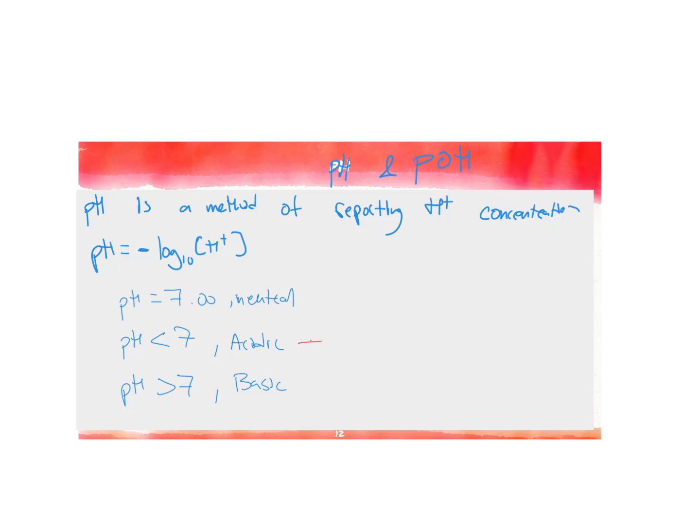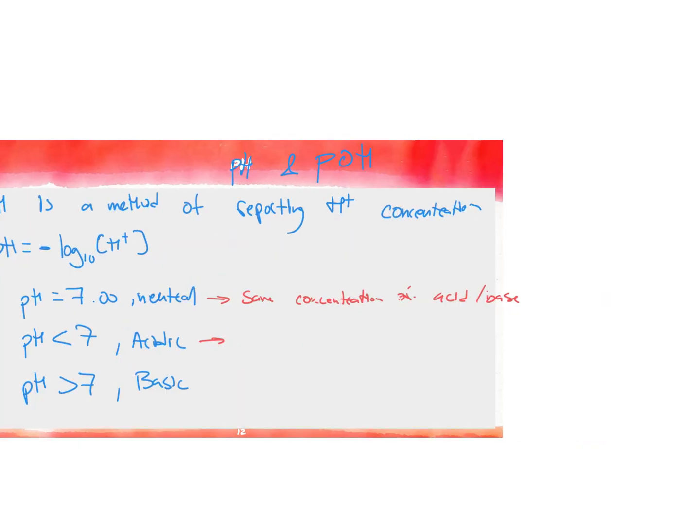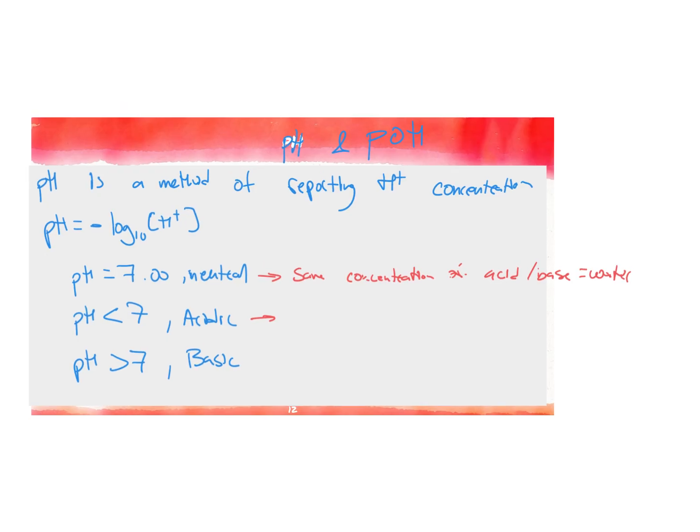What I mean by that is that in the neutral case, we have the same concentration of acid and base, or in other words, water. Acidic means you have more acid than base, and basic means you have more base than acid in solution.